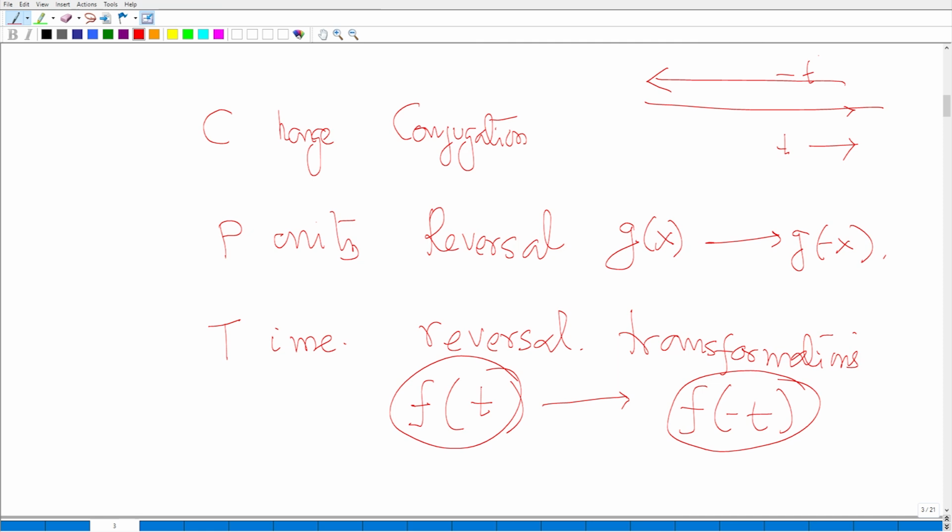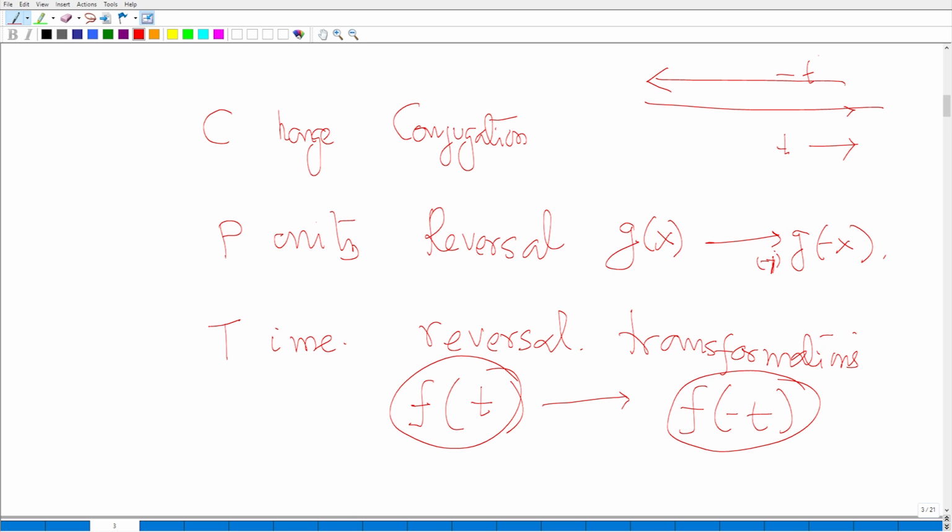It is invariant if g of x and g of minus x are the same. If the same thing does not happen, so if g of minus x picks up a negative sign, let us say, then we would say that g of x is not invariant under the operation x going to minus x.